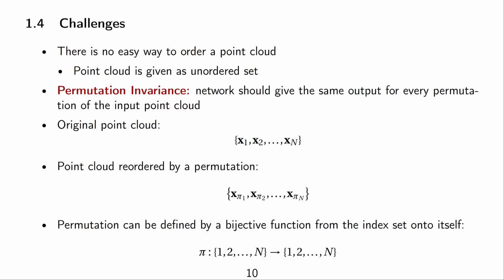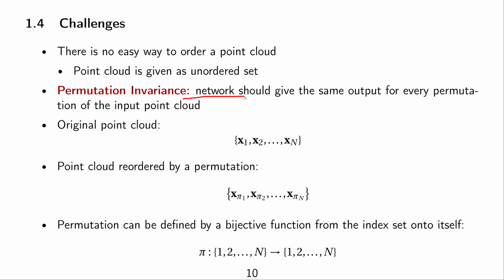In addition, we're not even pretending that we have some good order, we just want the network to actually be permutation invariant. That means that the network should give the same output for every permutation of the input point cloud.